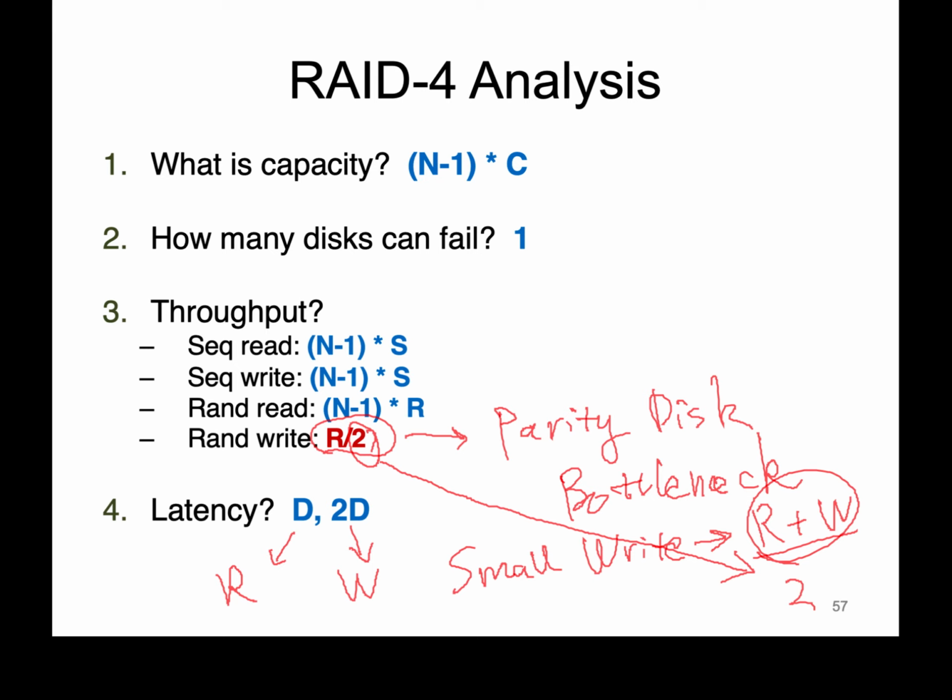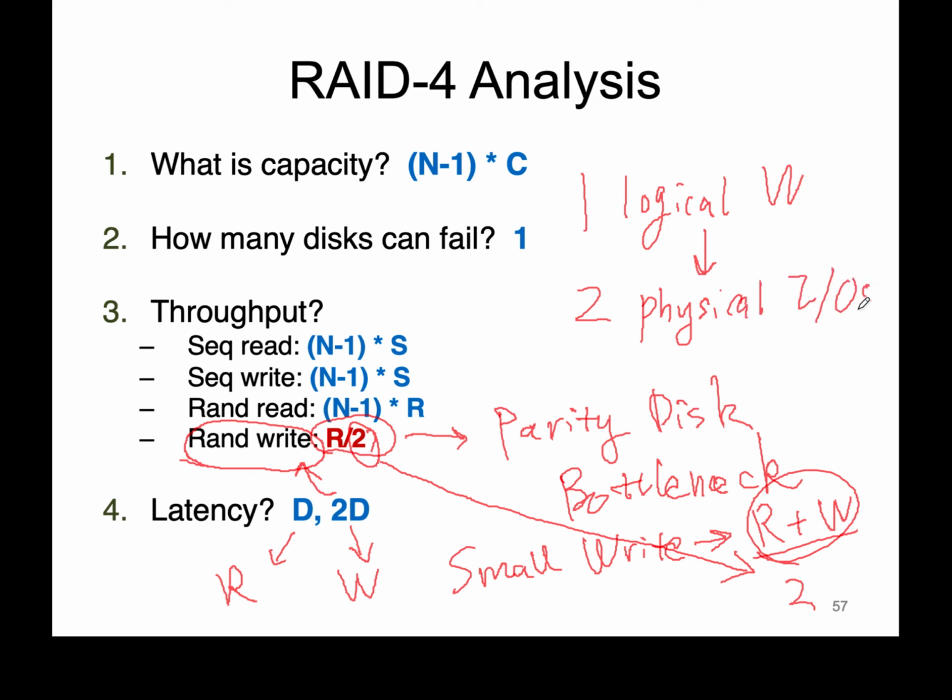Because of the same rationale as over here. One single logical write gets translated to two physical IOs. That is why we're essentially looking at 2 times D.